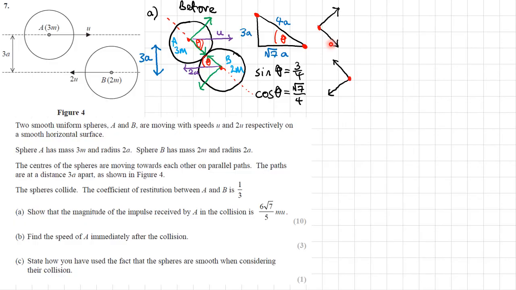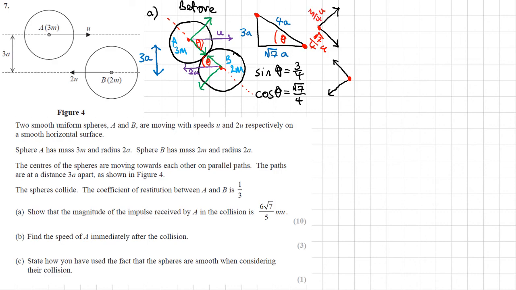Now I can work out the components of these velocities. I've drawn them out separately. Starting with particle A, this part here is u cos theta, and cos theta is root 7 over 4, so this is root 7 over 4 u. The component perpendicular to the line of centres is u sine theta, so that's 3/4 u.